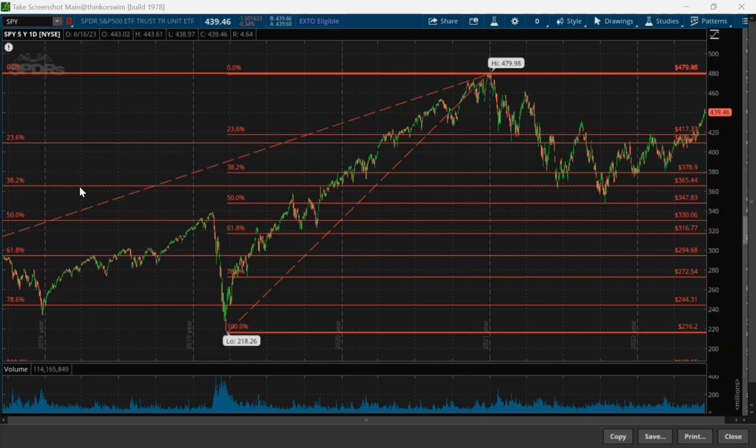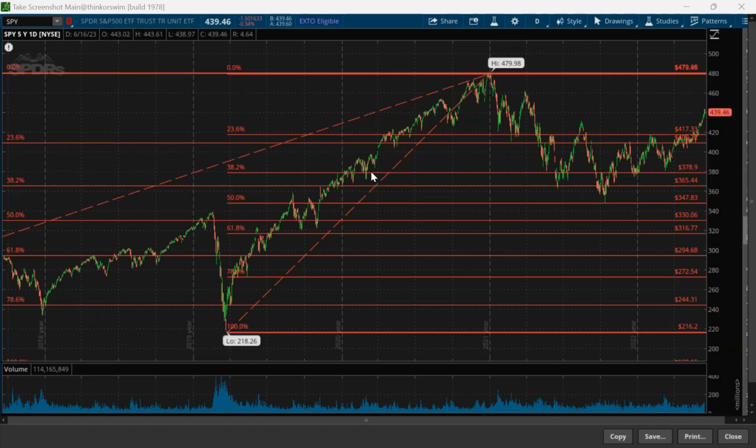Same thing with the 38% retracement. And then the 50% retracement starts to spread out a little bit. And the 61% spreads out a little bit more. And then obviously the 78. So these 23, 38, and 50 are really important factors to recognize.